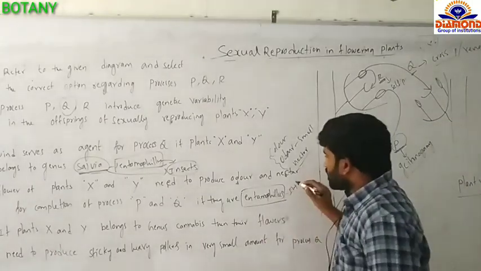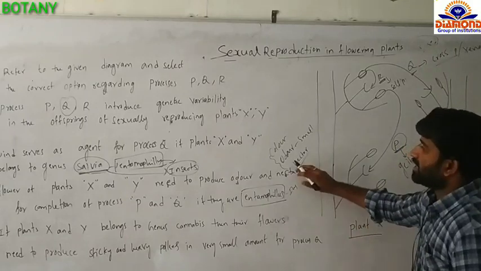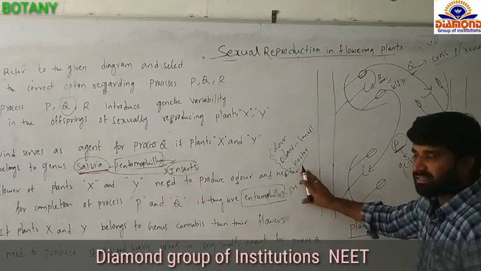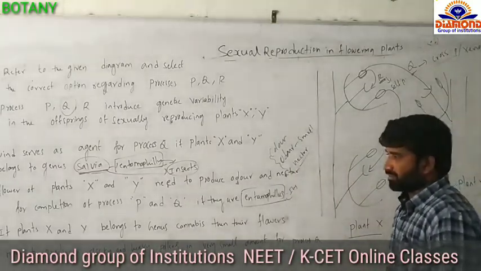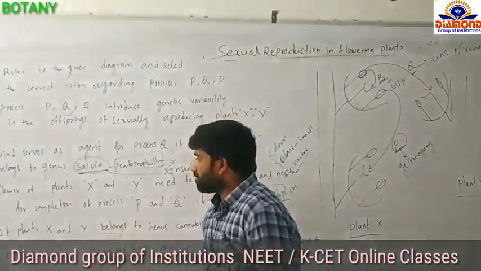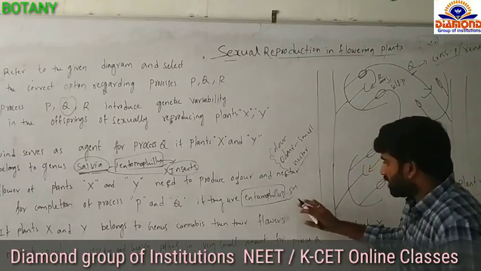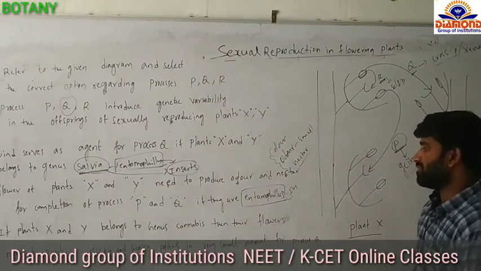So option C: for the P and Q processes, X and Y need insects to complete pollination. Insect-pollinated flowers are called entomophilous. And option D: if plants X and Y belong to the genus Cannabis, they need to produce sticky and heavy pollen.